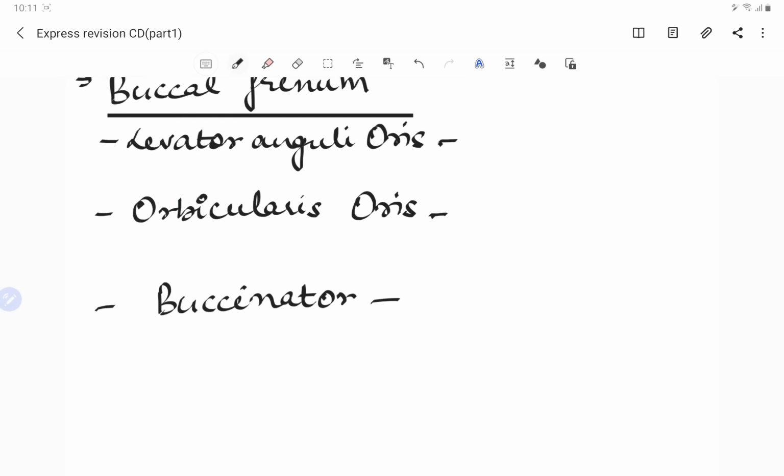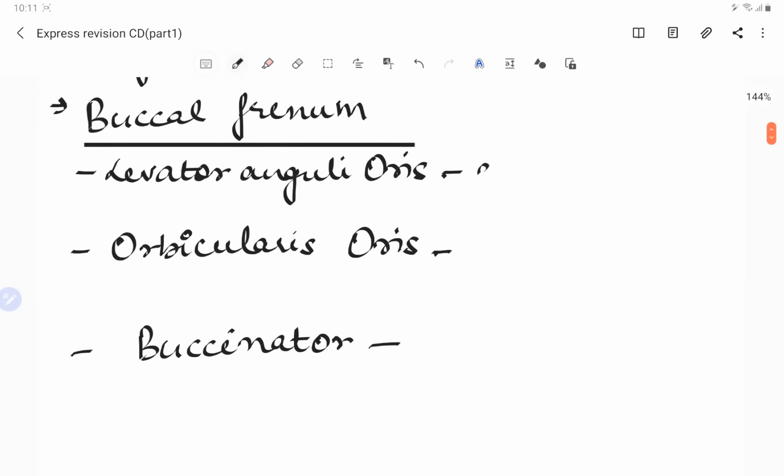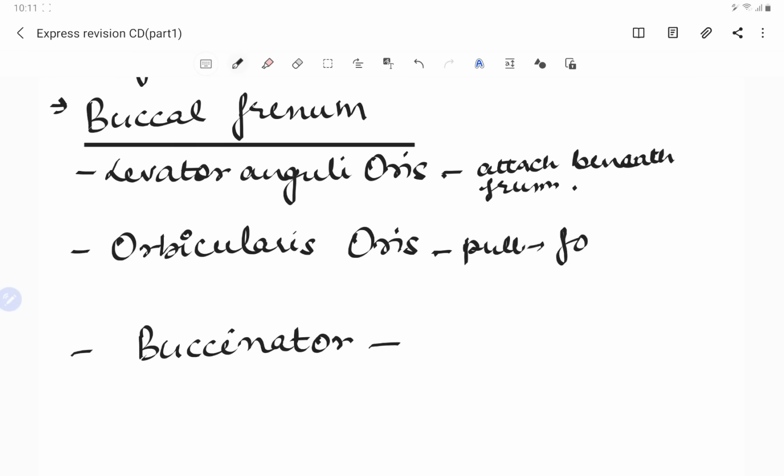So, the levator anguli oris is going to attach beneath the frenum. Then the orbicularis oris is going to pull the frenum in the forward direction, and the buccinator is going to pull the frenum in the backward direction.